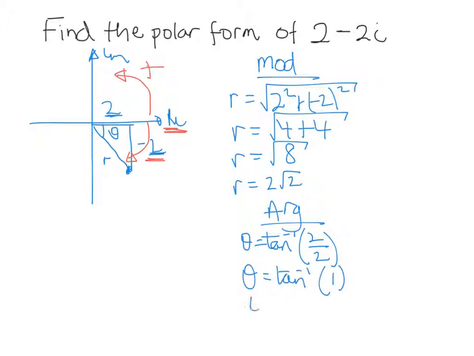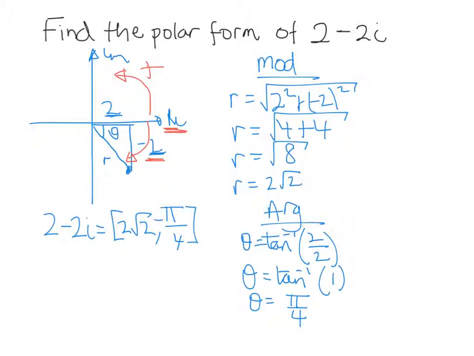The inverse tan of 1 equals pi over 4. Alright, so that would mean 2 minus 2i in polar form is 2 root 2, minus pi over 4.